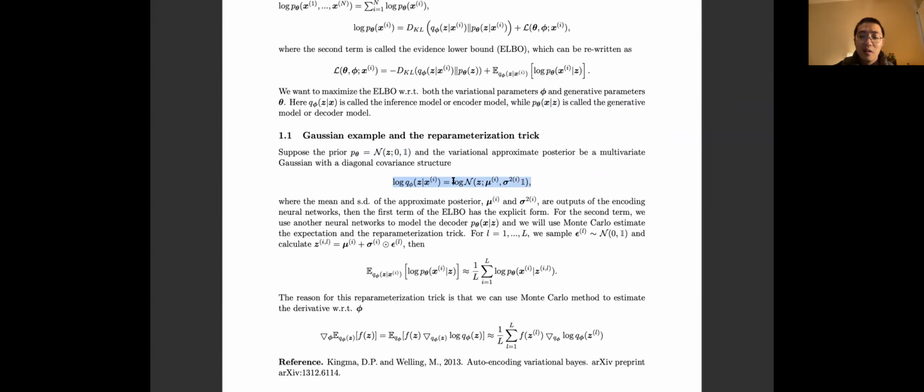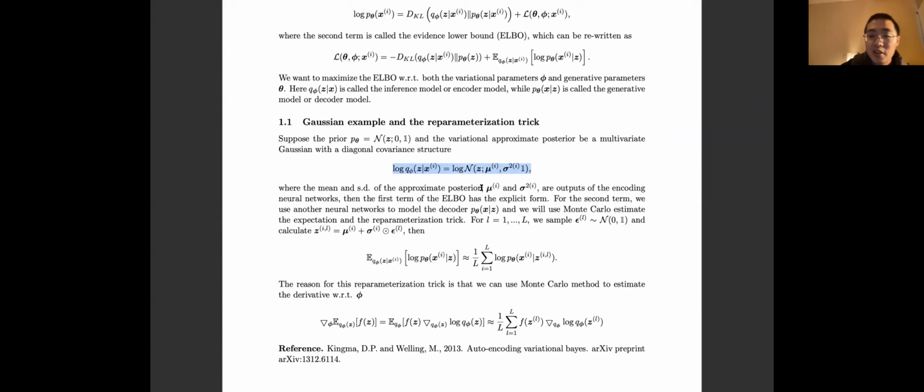We can define any form of this inference model, but usually we will choose the normal form here. So in this case, we have two parameters, mu and sigma. These are the outputs of the encoding neural networks.